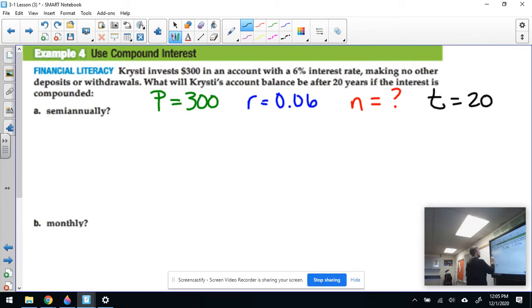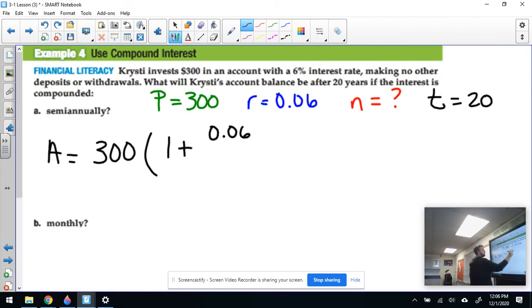So semi-annually, semi means twice, annually in a year. So semi-annually would be twice a year, right? So we would have A equals 300 times 1 plus our rate, 0.06, over 2 times in a year, to the power of 2 times 20.